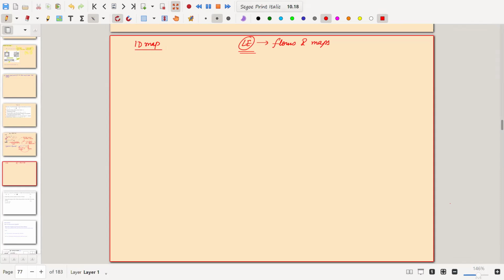Suppose you have a 1D flow and a 1D map. In both cases, you will have only one Lyapunov exponent. Suppose you have a 2D flow and a 2D map, then you will have two Lyapunov exponents. Lyapunov exponents are usually written by lambda, so here you will have lambda 1, lambda 2.